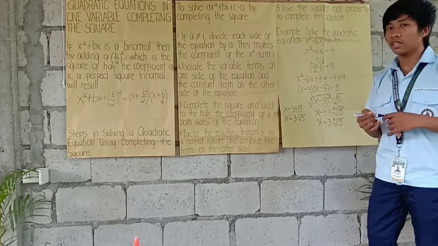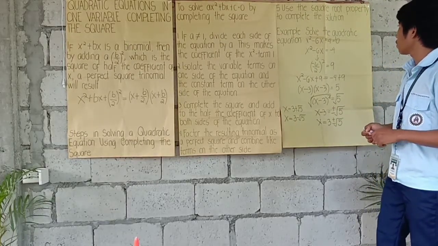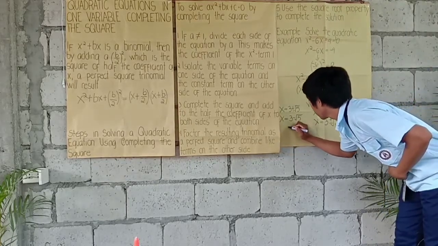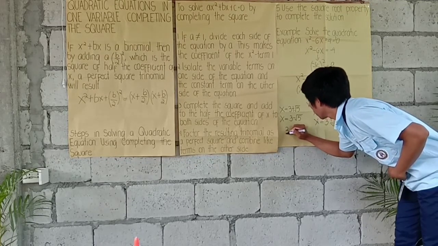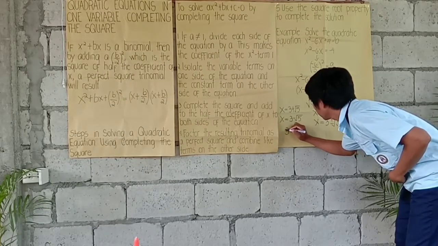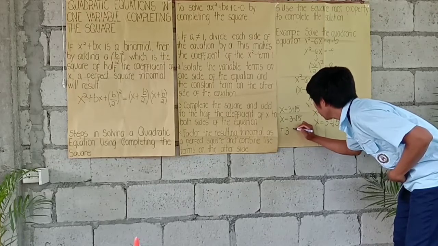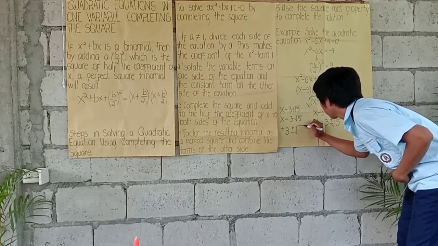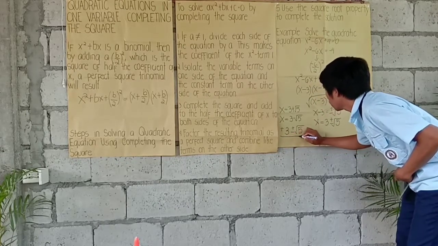So, ang answer natin dito, the solution for this example for solving the quadratic equation is x equals 3 positive or negative square root of 5. So, this is our solution.